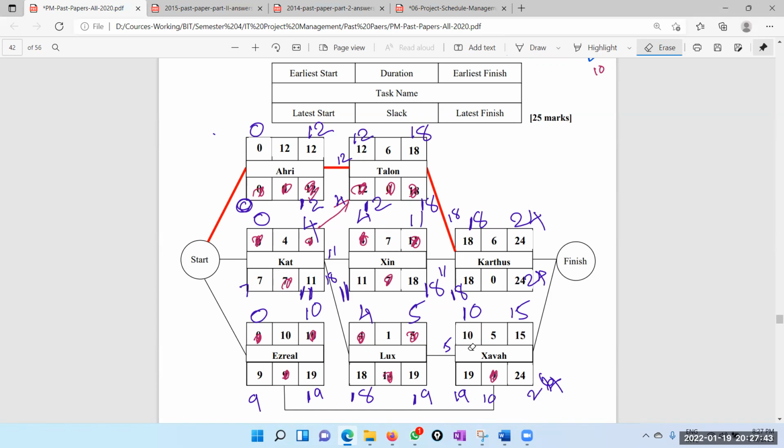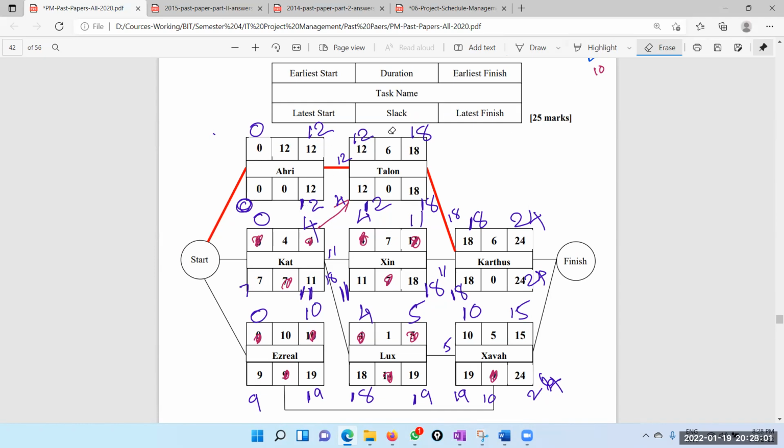Now the duration, the slack is zero. 18, 12. The slack is 0, 12, 0. Now you can see slack is 0 0 0 12.